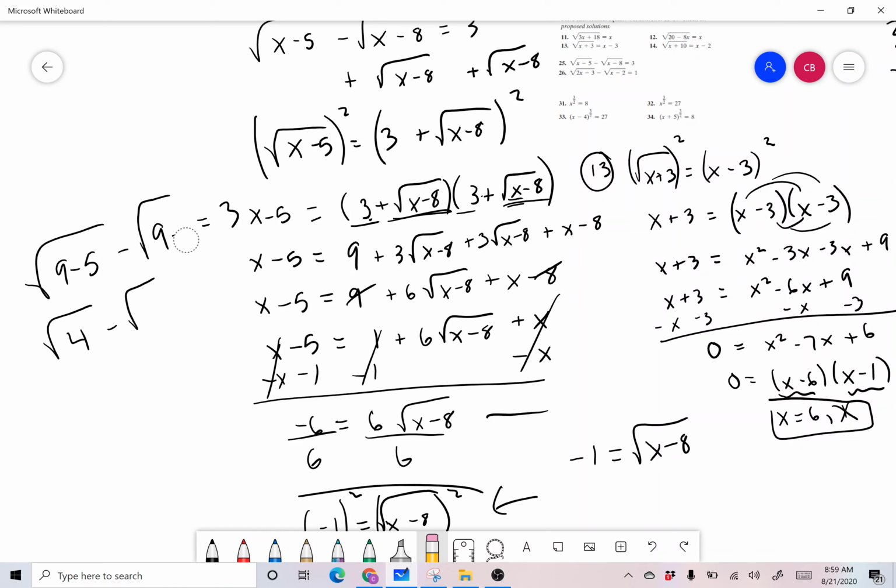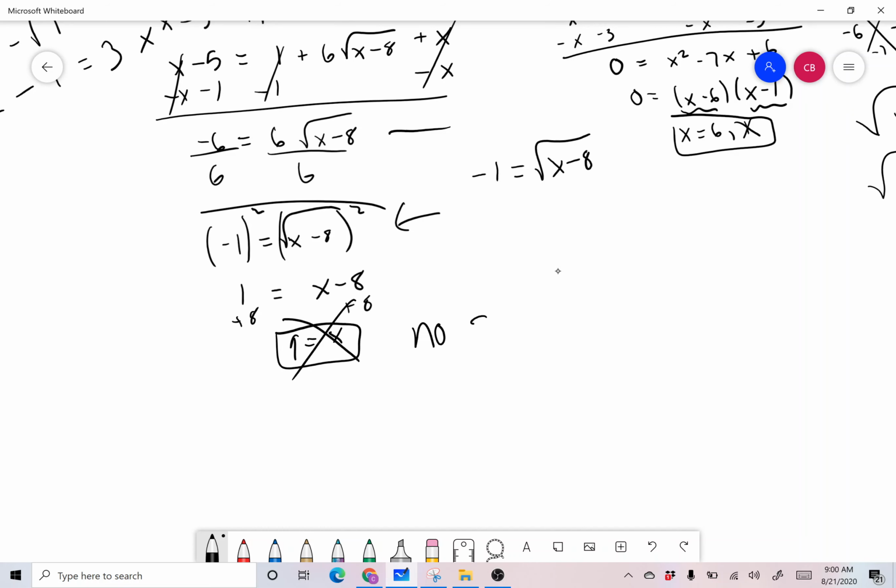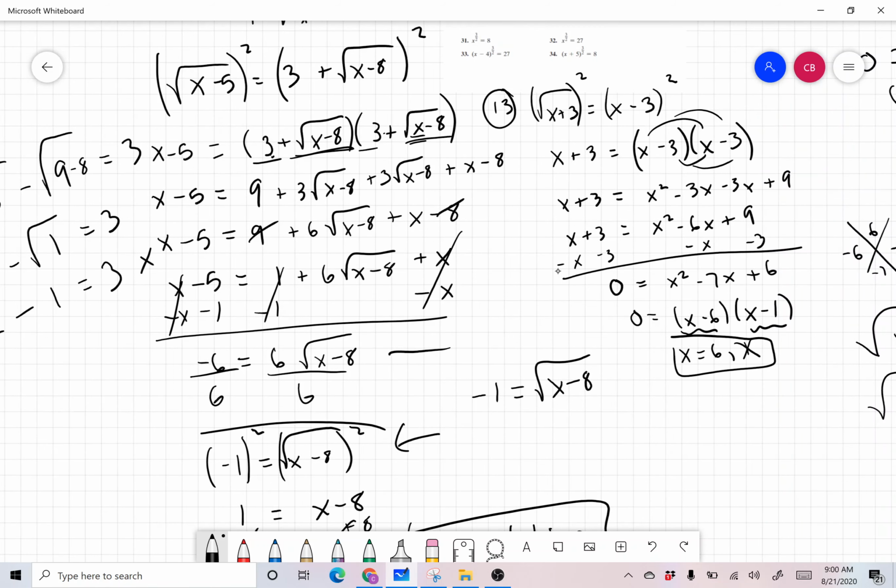Sorry. 2 minus 1 equals 3? Does not work. So the answer to this one is no solution. Okay, there's nothing that will give you the values that they've asked for.